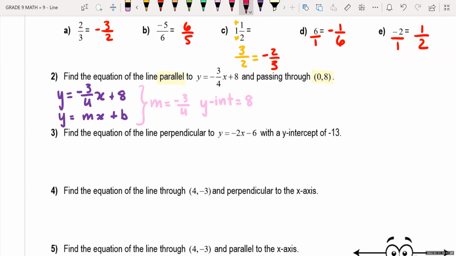Our final equation is going to be y is equal to -3 over 4x plus 8. And you're going to recognize that it's exactly the same equation. I didn't mean for it to be the exact same equation, but it ends up being the same. You're going to recognize that the slopes of both of these lines are -3 over 4, and it just so happens they're also passing through the same y-intercept.